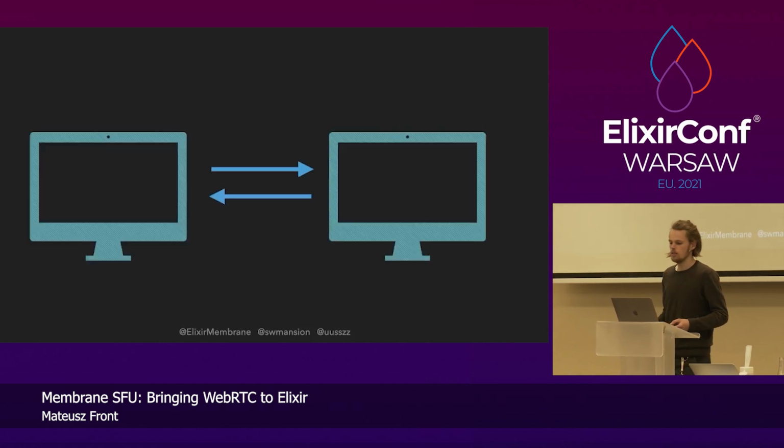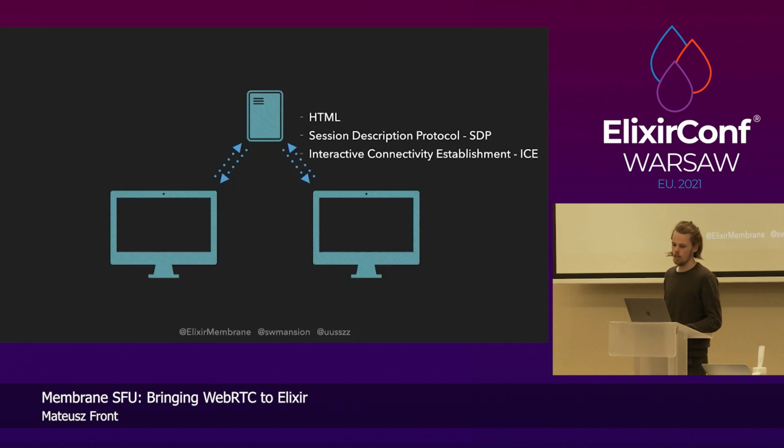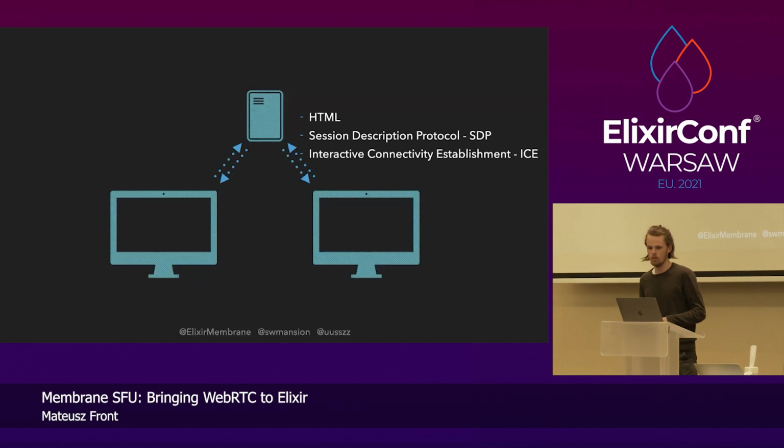So let's say we have these two browsers and we want to connect them together, establish a video conference between them. What we need is a server, but it's not a media server, it's a regular HTTP server that will allow us firstly to serve the HTML web page that we can use to embed our video conference.